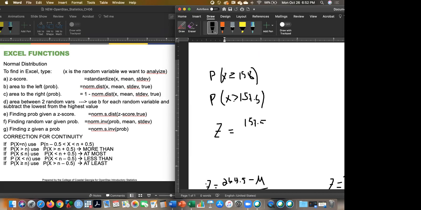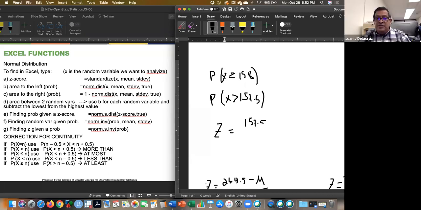That's a very good point. Greater than 157. That is absolutely right. So we have mu, and then we divide by the standard error. Thank you very much for catching that. I was just checking whether you guys are paying attention.